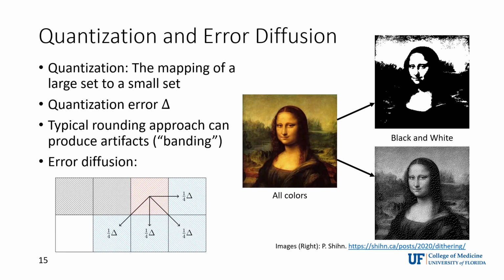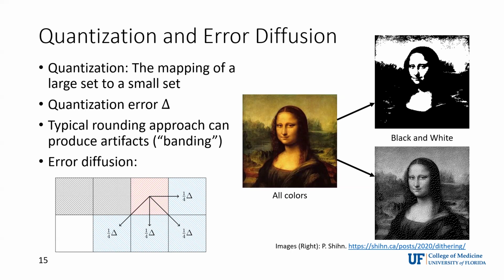Whenever you have that error accumulated, sometimes that means that instead of producing white as you might expect, you'll produce black or vice versa, because all that error accumulation indicates you should zigzag the other way. And so the product is this black and white image where you can pick up a lot more of the features, right? We're preserving a lot of the spatial structure and a lot of that information, even though we're only in this binary set.